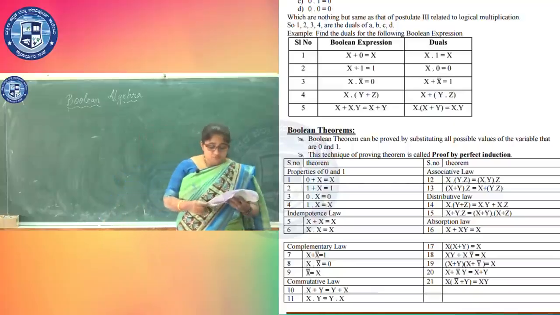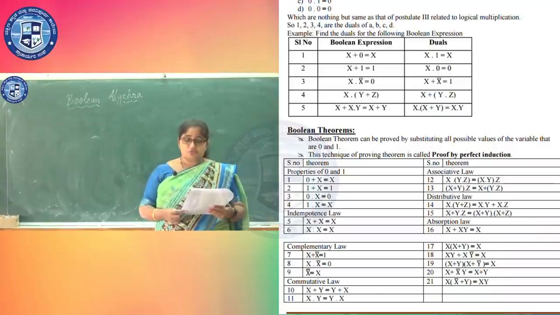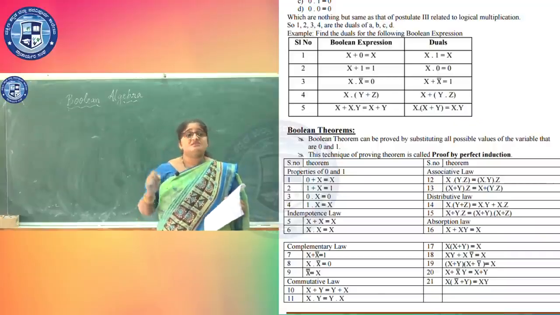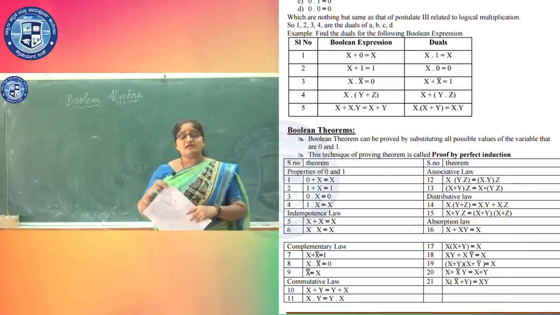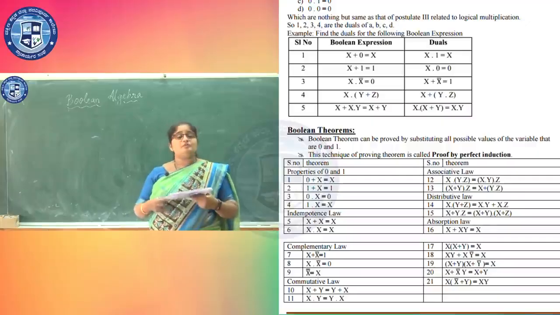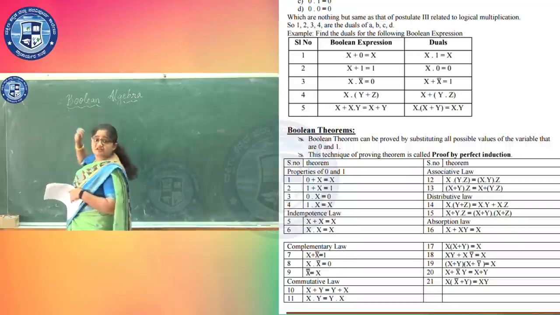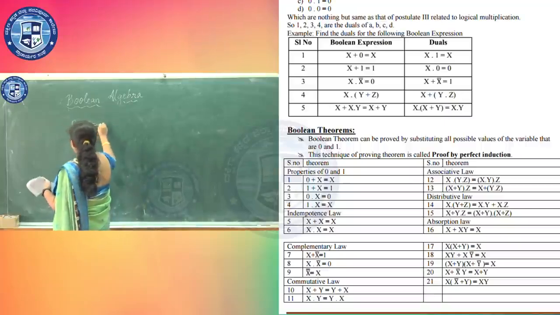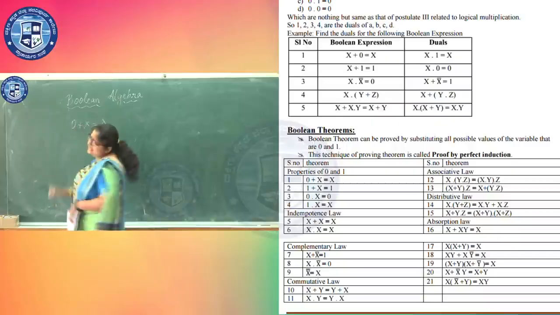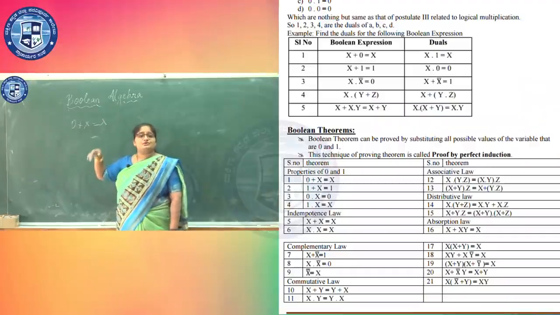We have almost 22 theorems, and each one of them is proved. But how are they proved? Suppose we have 0 plus x is equal to x. The first boolean theorem says that 0 plus x is equal to x. How do you prove that 0 plus x is always equal to x?